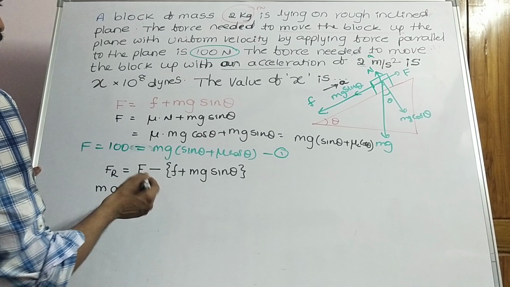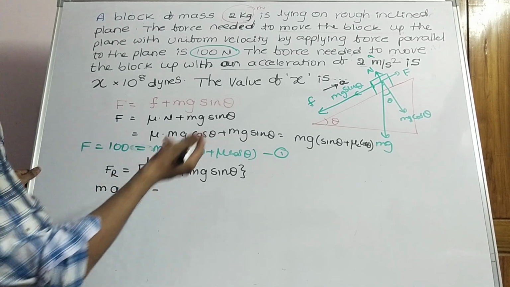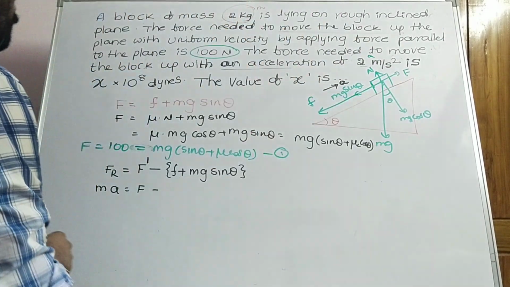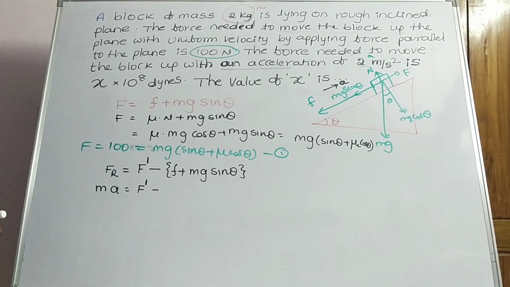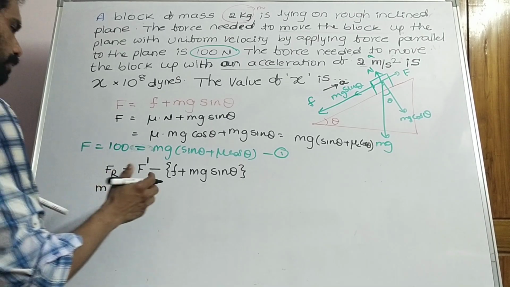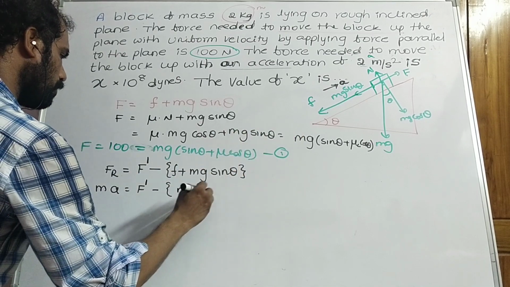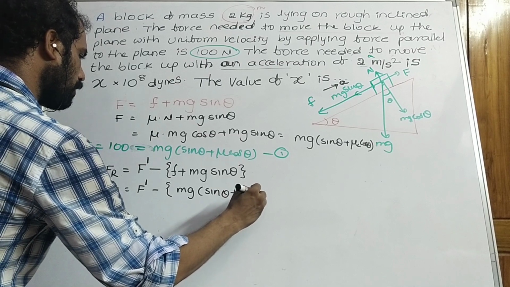Can I write F dash? Why? Because we have to apply a certain force. F dash will be changed. Why? Because we have to apply more than F. That's why it can be written as F dash minus, it is nothing but mg into sin theta plus mu k cos theta.